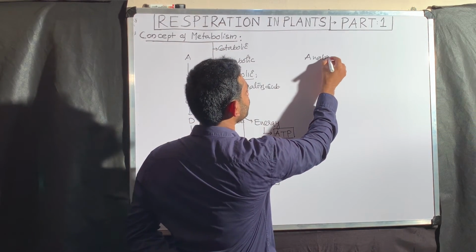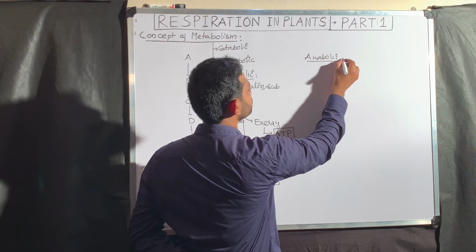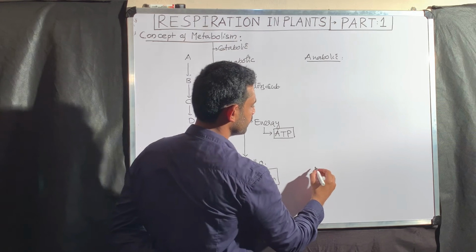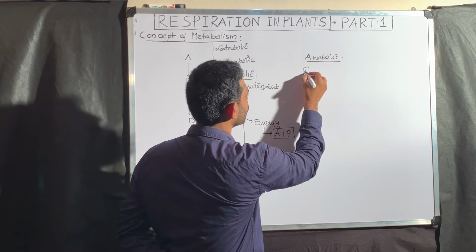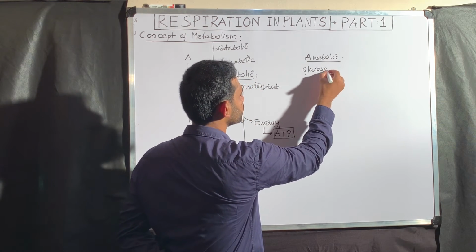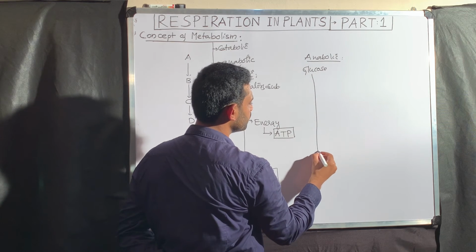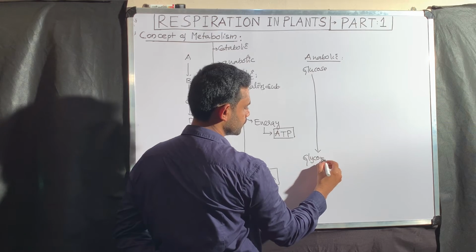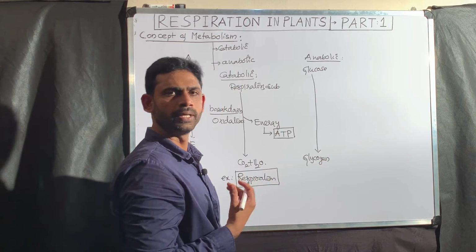Going to the anabolic pathway. For example, glucose undergoes many biochemical reactions and converts into glycogen, a polymeric form.